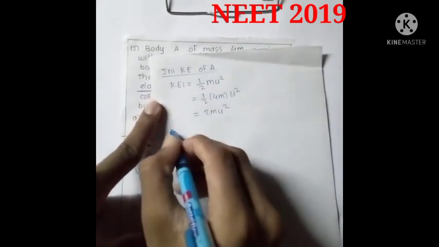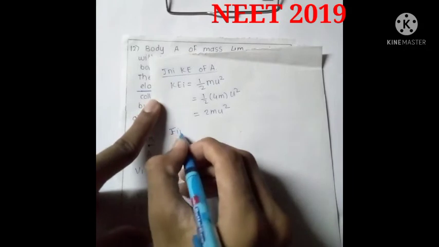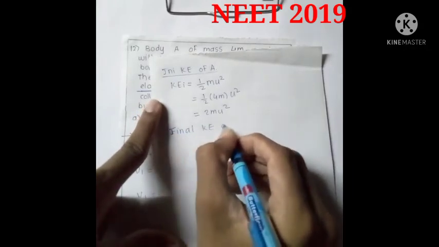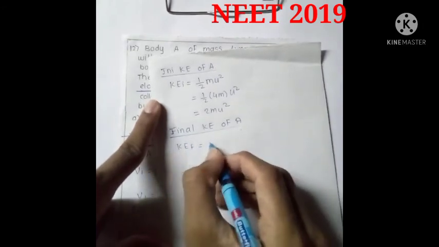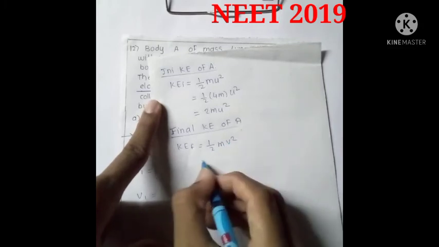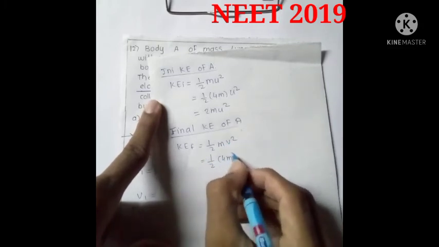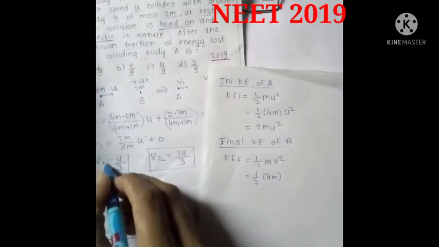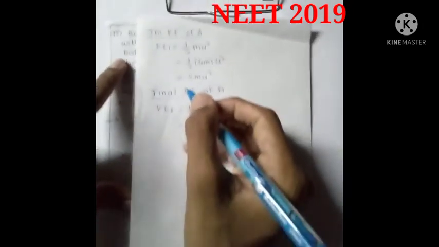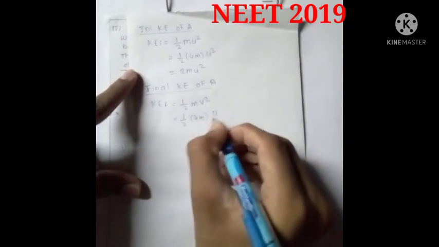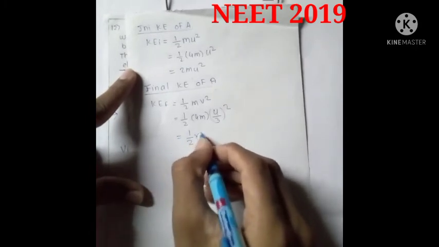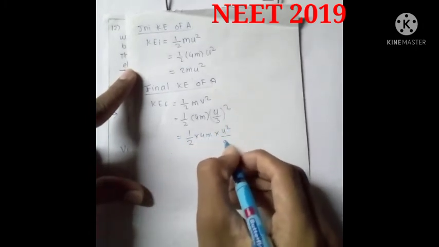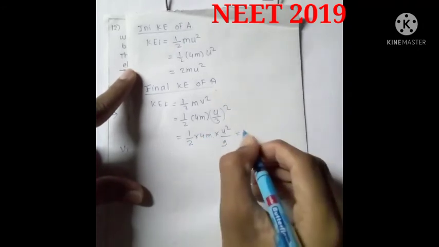Now final kinetic energy of A is half mv². Half, mass is 4m, final velocity of A is v1, which is u by 3. So putting (u by 3) squared, this gets 1 by 2 into 4m into u² by 9. This becomes 2mu² by 9.